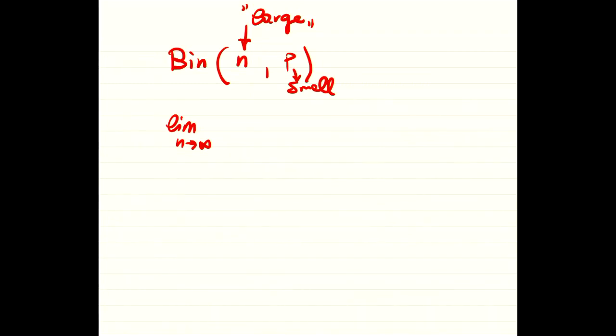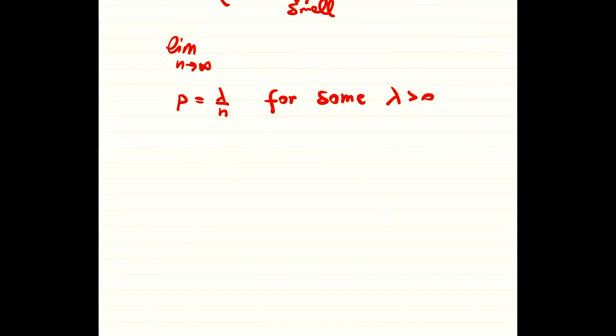And p is small: p is equal to lambda divided by n for some lambda larger than 0. Okay? So what I have in front of me is binomial n, lambda divided by n. And I'm sending n to infinity.